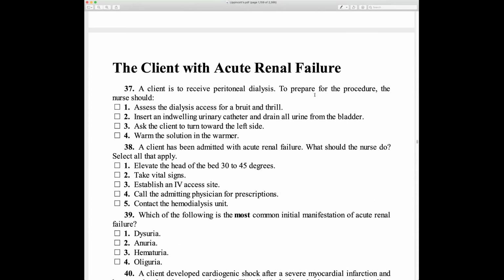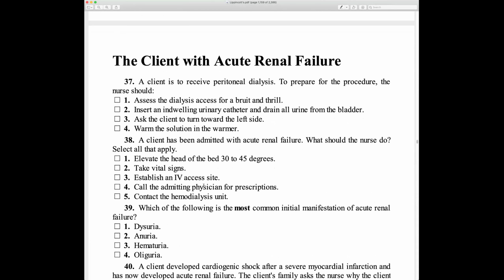Okay. Question 37. A client is to receive, oh, well, you know what? We're not going to do that one yet because we're not going to do 37 yet. We'll do that next class.